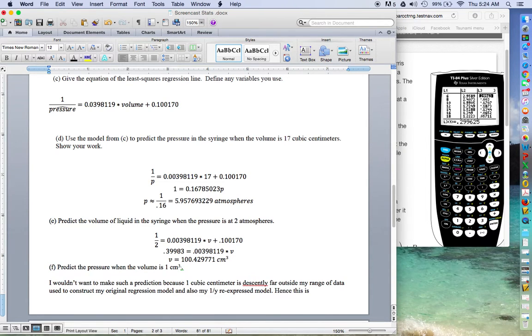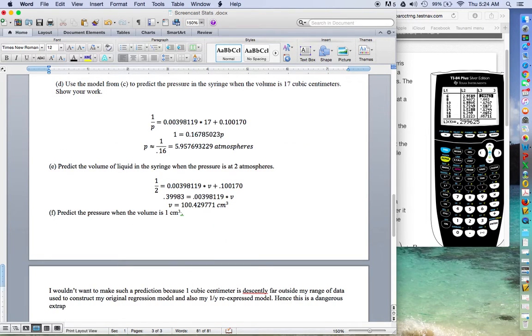Hence, this is a dangerous extrapolation.